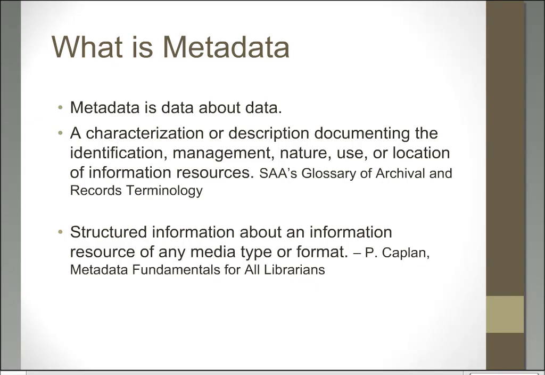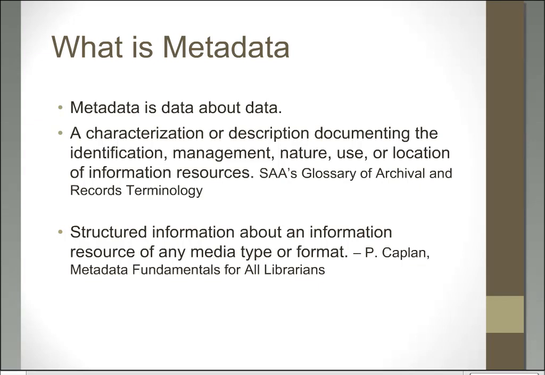Priscilla Kaplan in Metadata Fundamentals for All Librarians, which is the first book I had in library school on metadata, and I still have it and still use it, says structured information about an information resource of any media type or format. So it's basically the who, what, when, where, why, and how that helps to discover, identify, interpret, and interact with content.